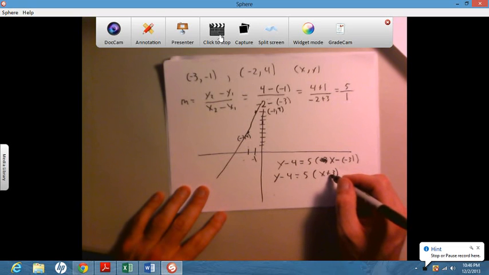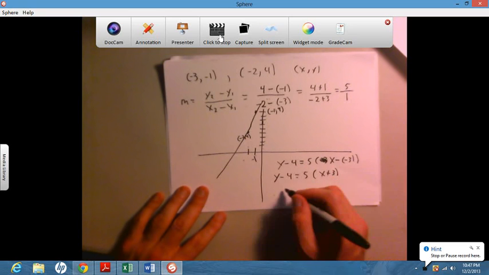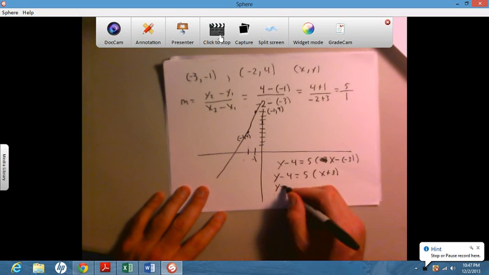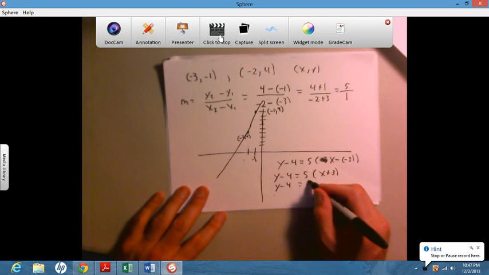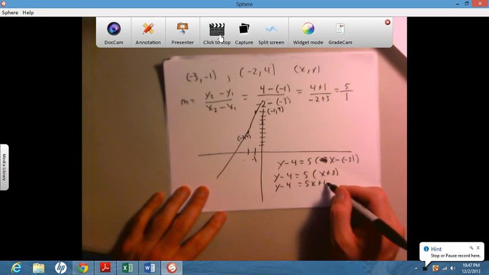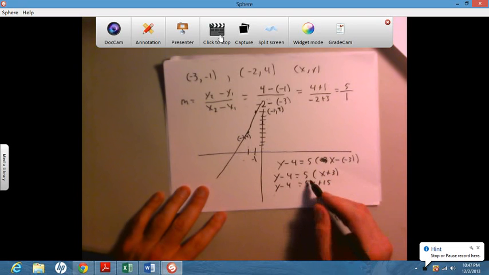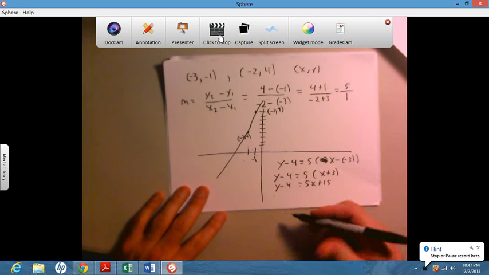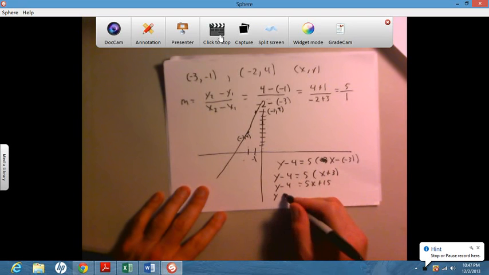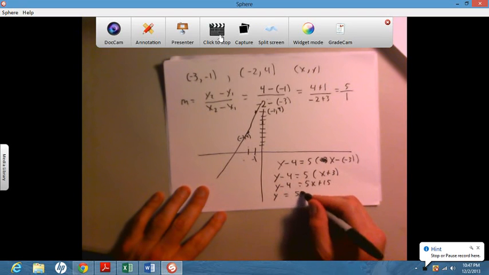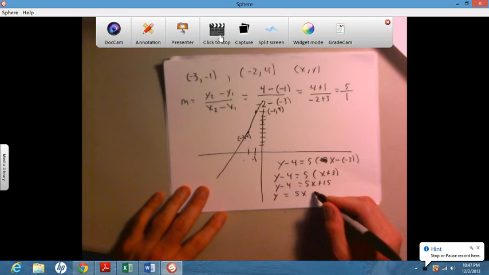If I want to find the slope-intercept form, I essentially solve for y and simplify. So I have y minus 4 is equal to 5x plus 15. 5 times x is 5x, 5 times 3 is 15. Adding 4 to both sides, I have y is equal to 5x plus 15 and 4, which is 19.